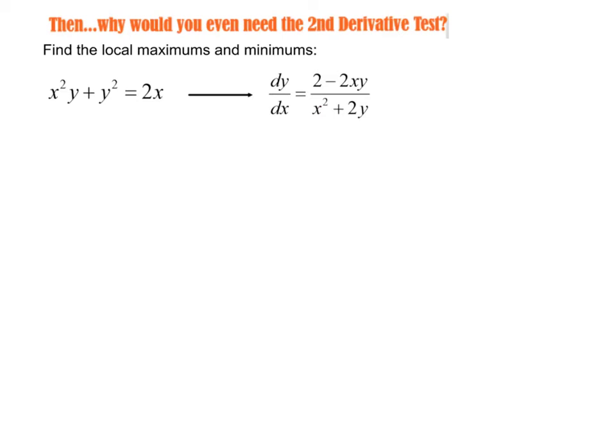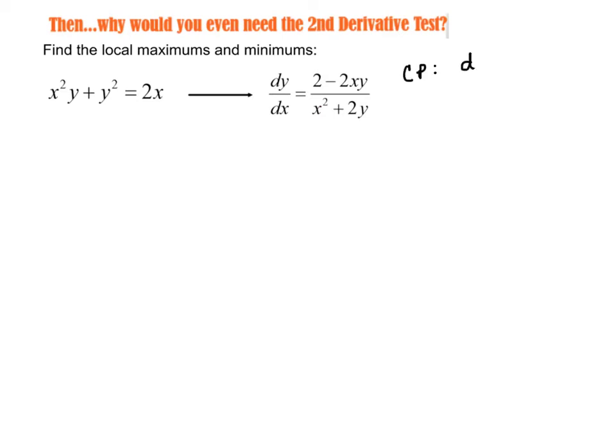So our first problem of the day, where we found the derivative implicitly. This is one where I don't think we would be able to use a number line. Okay, but let's look. Of course, critical points are where the derivative is 0 or undefined.